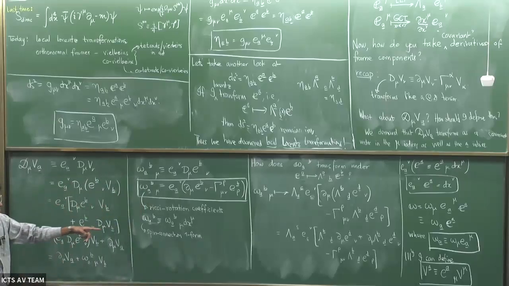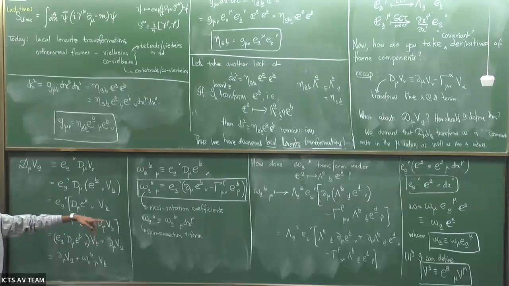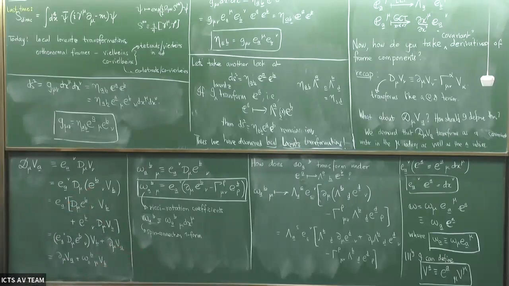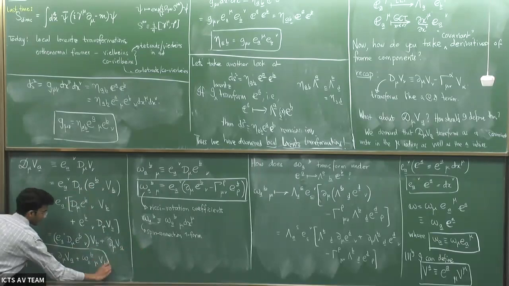I think I should pull this board up because I don't really have space to finish this there. So, and this gets blocked, so wait for a minute. So really this finds the spin connection.